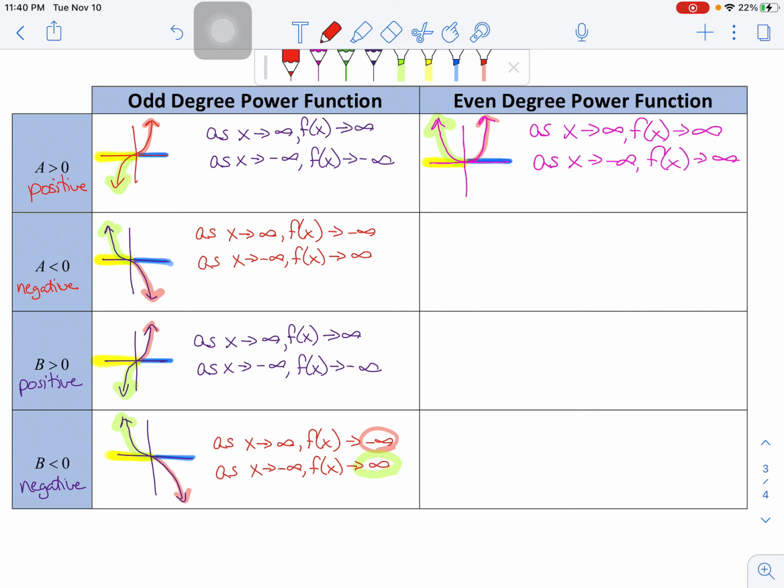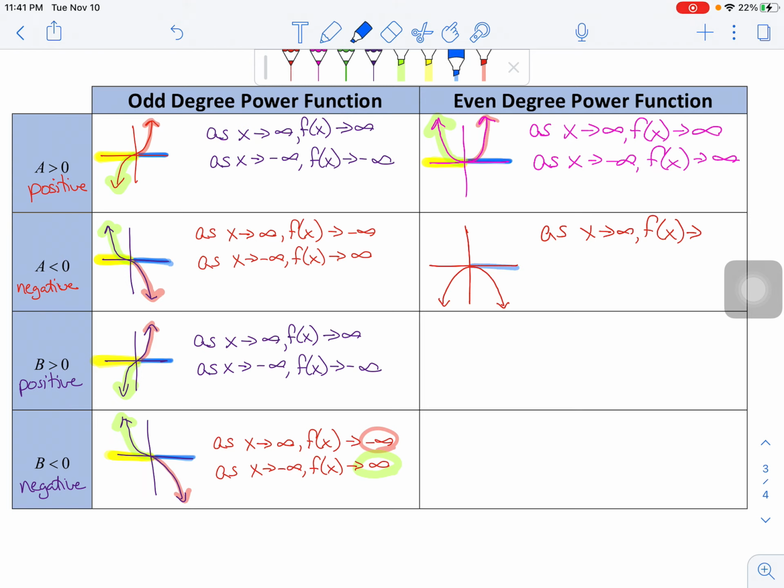Let's see what happens when a is negative. We're going to take that same little curve, but if a is negative, we're going to reflect this curve over the x-axis. So instead of upper left and upper right, it's going to be lower left and lower right. When we look at our end behavior, as x approaches infinity, our graph is decreasing.